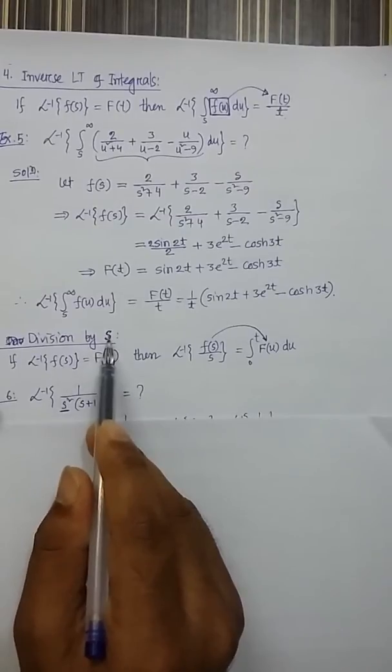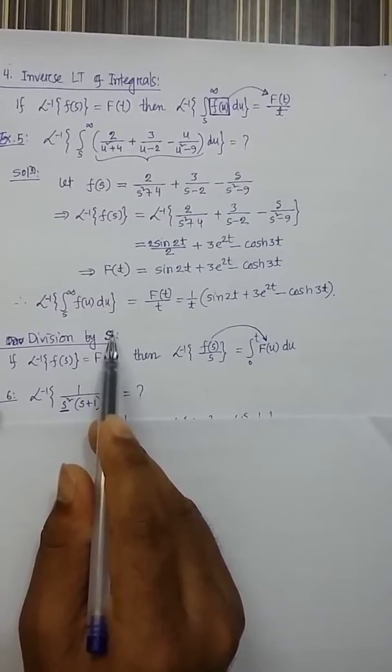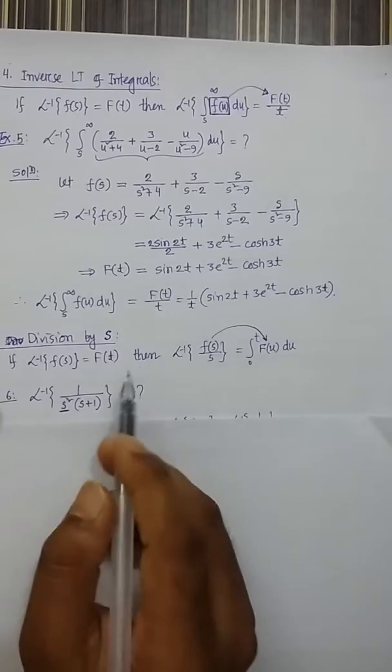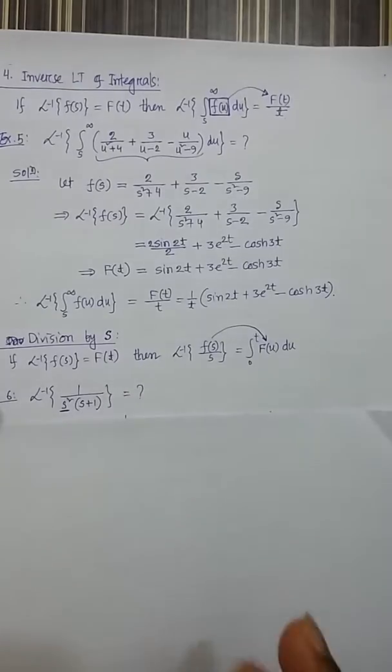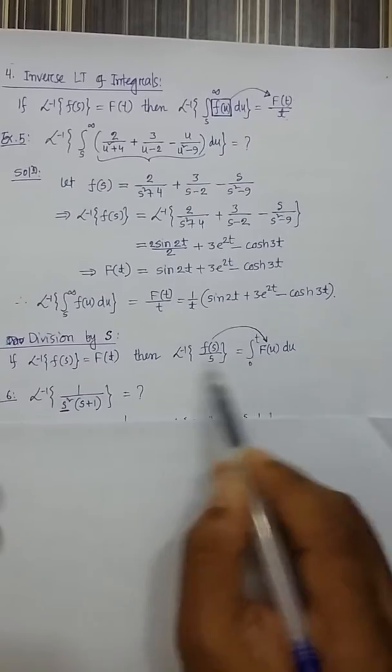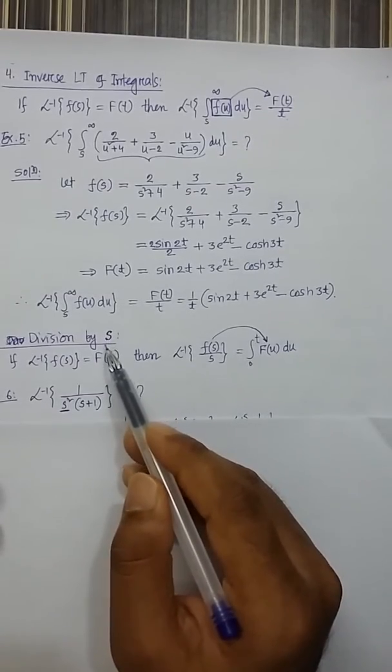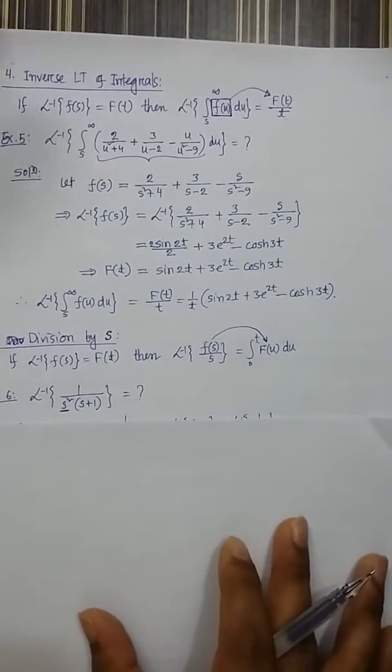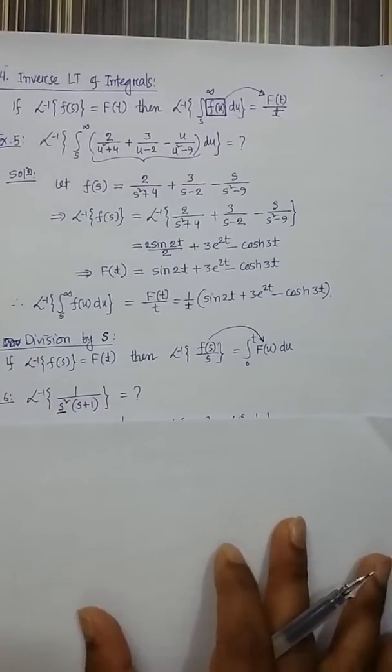Here I have written s, but it can be s square, s cube, or any power of s, and for each s you will have to integrate the whole function according to the power of s. So you will understand when you see the example.